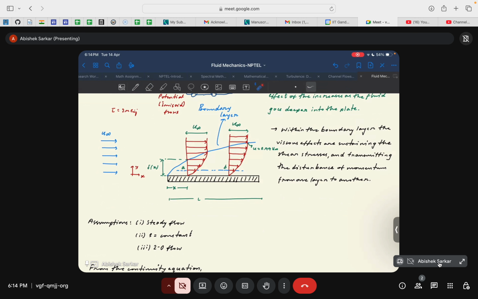Okay, and this layer is not a visible carpet or a visible surface. It's actually an imaginary line, but this demarcation is very much present. Even though this line is imaginary, the effects and the concepts of the boundary layer are very much present.